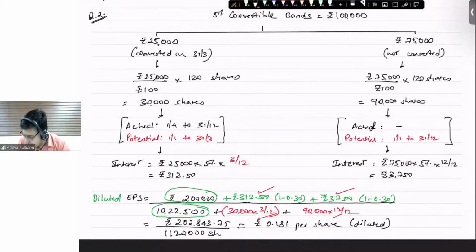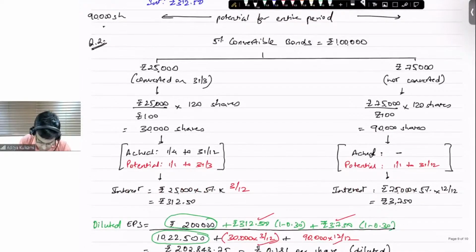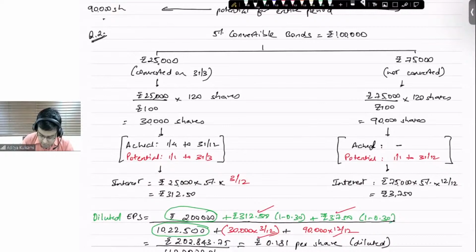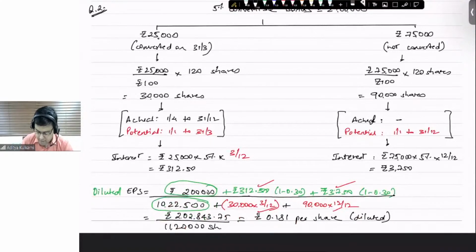Nowhere is there 25,000 into 3 by 12. 25,000 rupees of bonds get converted into 30,000 shares, and then we are having 30,000 into 3 by 12, not 25,000. Did I take 25,000 into 3 by 12 earlier? Shailendra, did you understand?